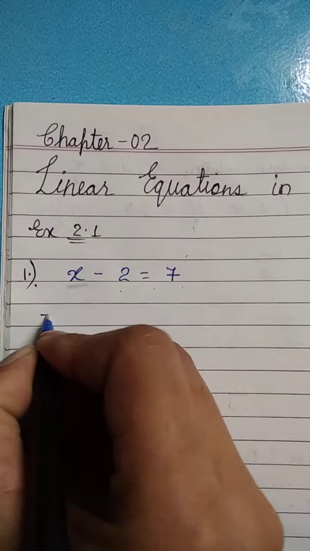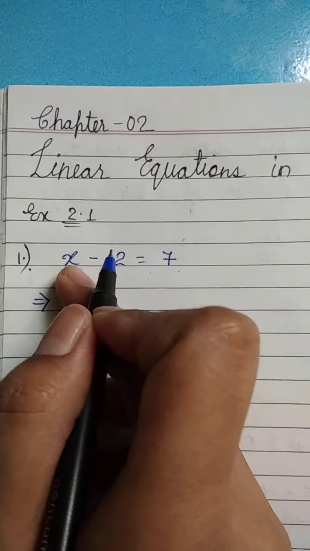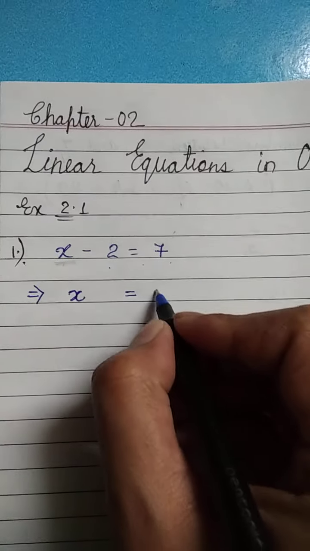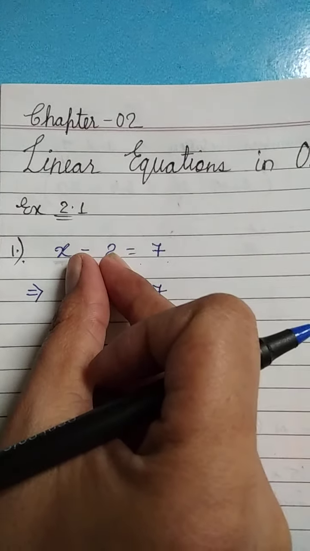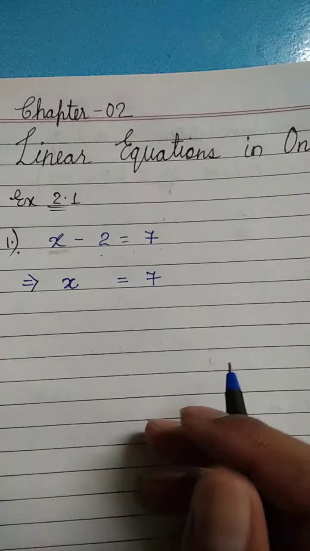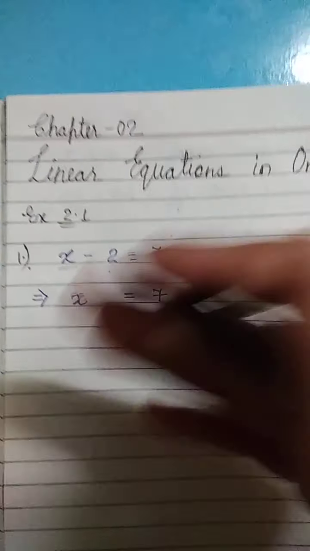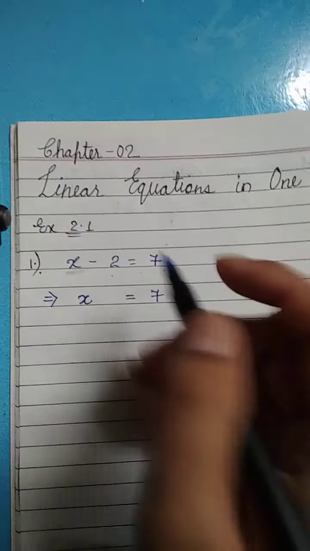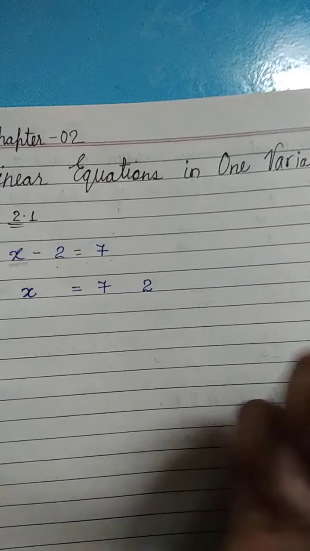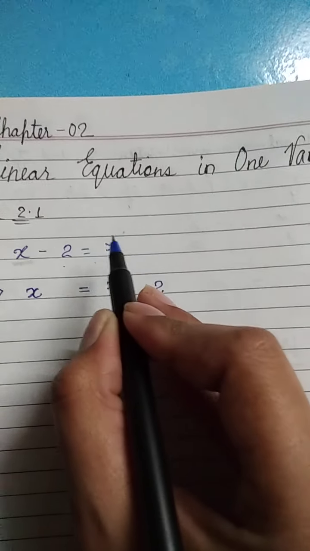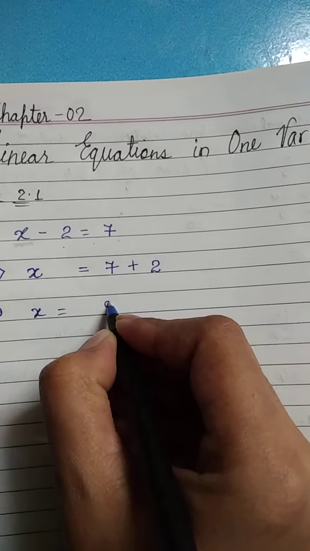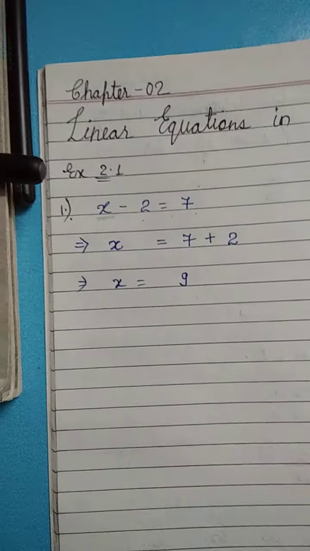So in the next step, we will take only x on the left hand side is equal to 7 as it is. Okay, so we have to put constant near constant. So 2 will go to the opposite side. Opposite of minus, 2 has been sent, but how? Minus will go opposite, so into what will it go? Into plus. So x value comes as 9. This is our answer.